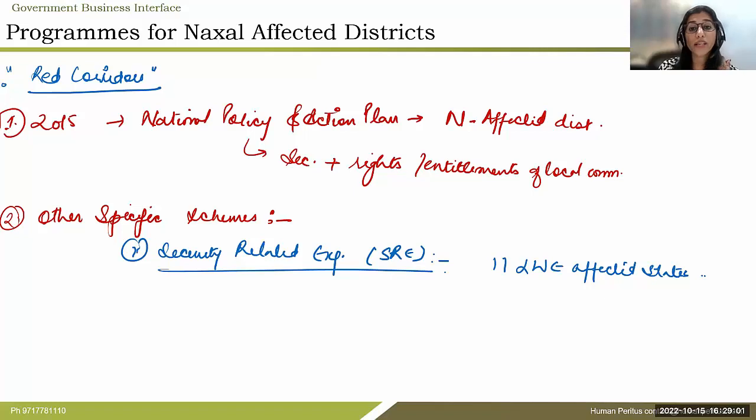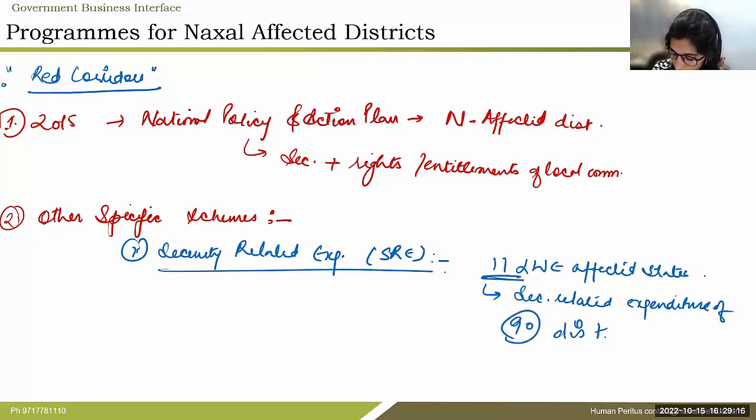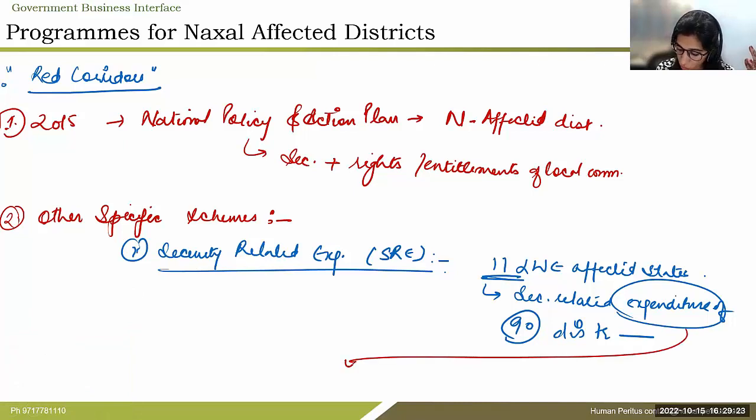All right. What do they reimburse? They provide them the security related expenditure. In these states, 90 districts are there. What is this expenditure related to? This expenditure is related to the training needs of security forces. All right.